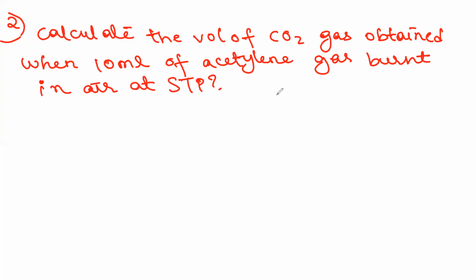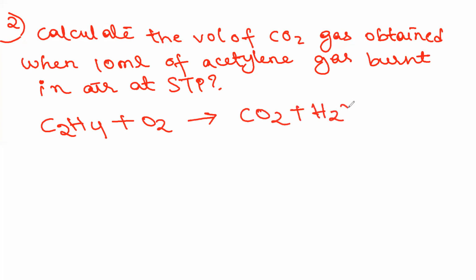We know the acetylene formula is C2H2. C2H2 plus O2 gives CO2 plus H2O, because any organic compound or hydrocarbon, when burnt in air or oxygen, forms carbon dioxide and water as the only products.